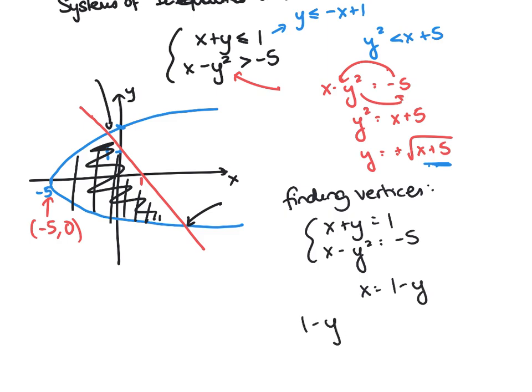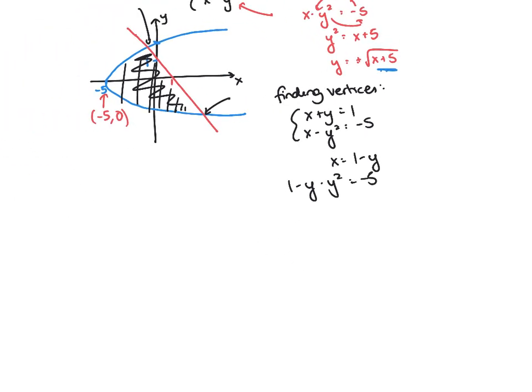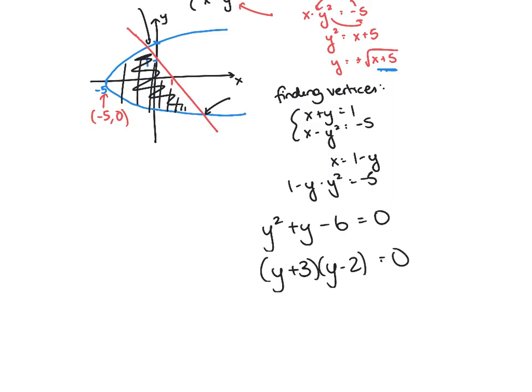So 1 minus y squared is minus 5. I'm going to move these around. Moving it all to the right hand side, y squared plus y minus 6 is 0. So that's y plus 3, y minus 2 is 0.